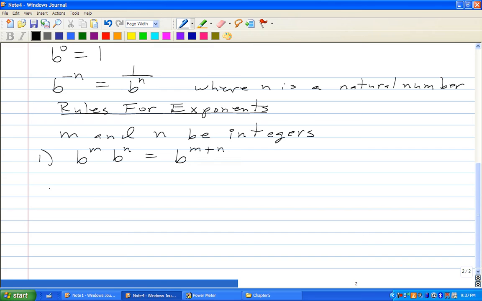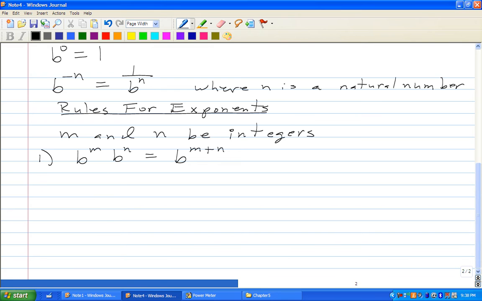Now, when I write this, I'm assuming that both sides of my equation exist. If it happens to be the case that one side of the equation doesn't exist, then the other side doesn't exist.